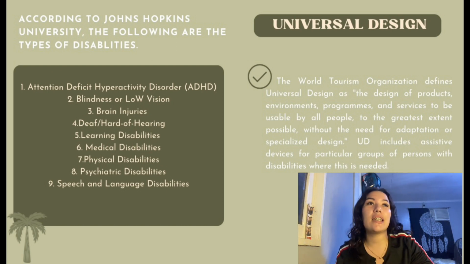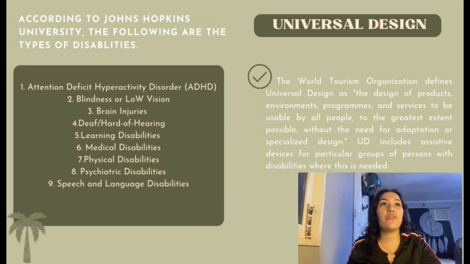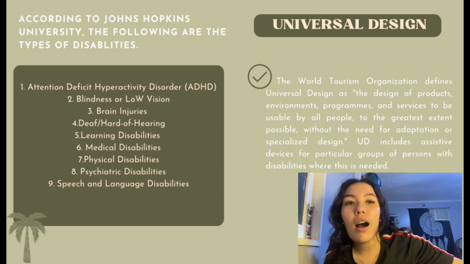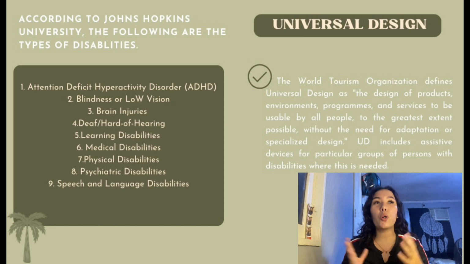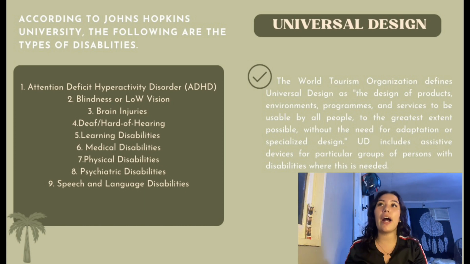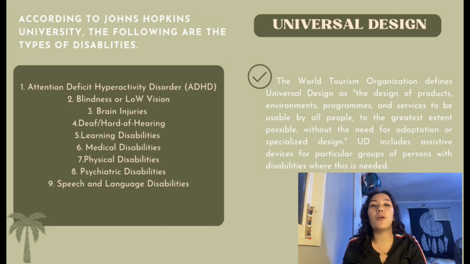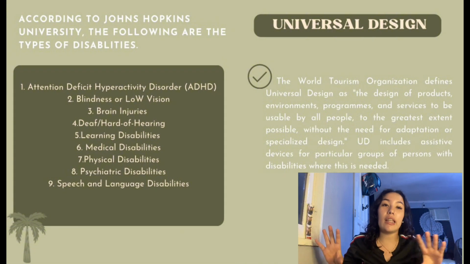So, universal design. The World Tourism Organization defines universal design as the design of products, environments, programs, services to be usable by all people. So, kaning universal design, muna siya ang design sa mga establishments or mga tourist spots nga accessible sa tanan gyud.